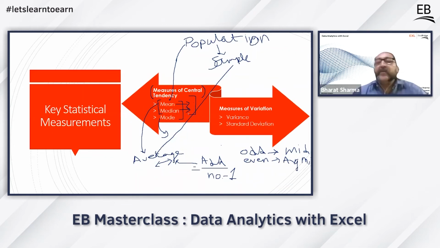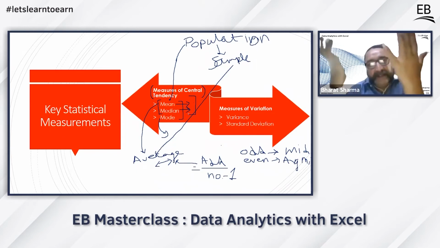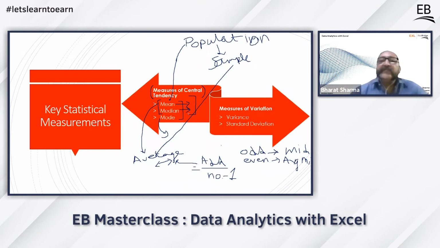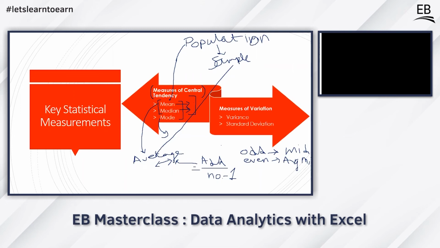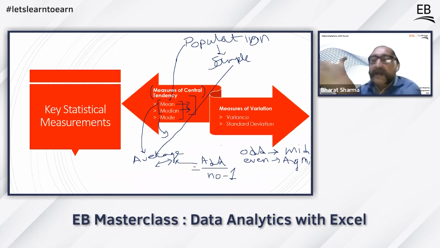Now my question, a very obvious one: whenever I collect some data, I have to decide on a measure of central tendency. Why is it important? Let's say I want to compare two data sets. I have 100 data points, the time people have taken to do one call, and another set from another team, again of 100 people.